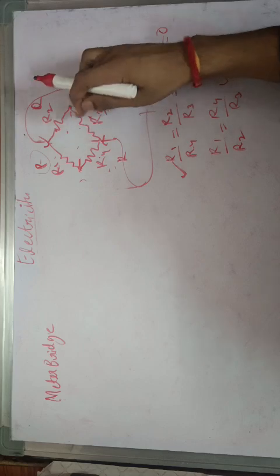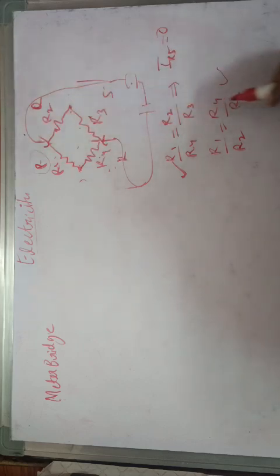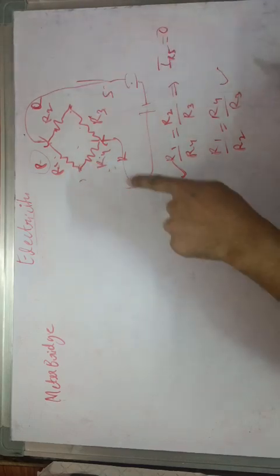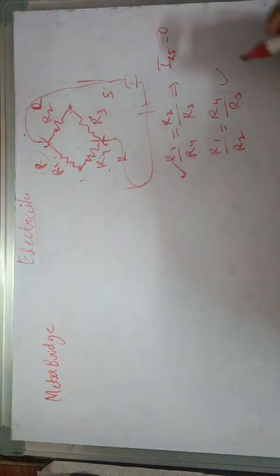It means if I connect like this or like this, if it is a Wheatstone bridge, it will give the same conditions in both cases.